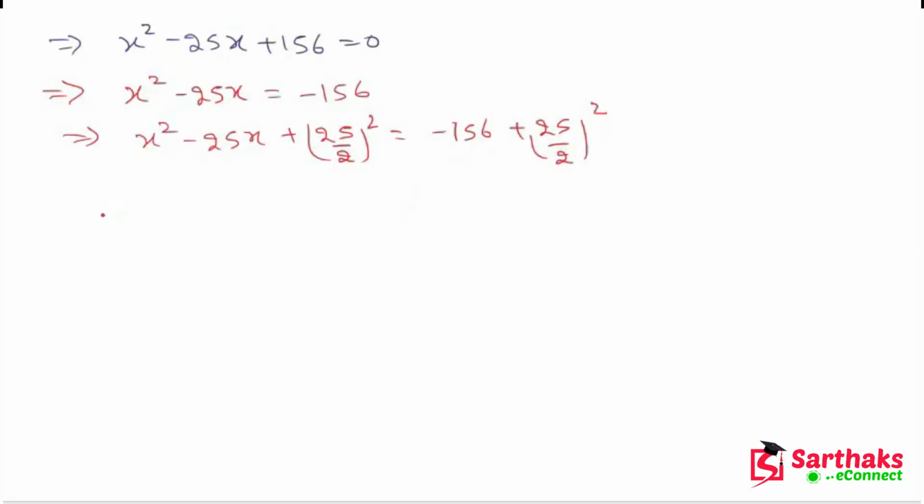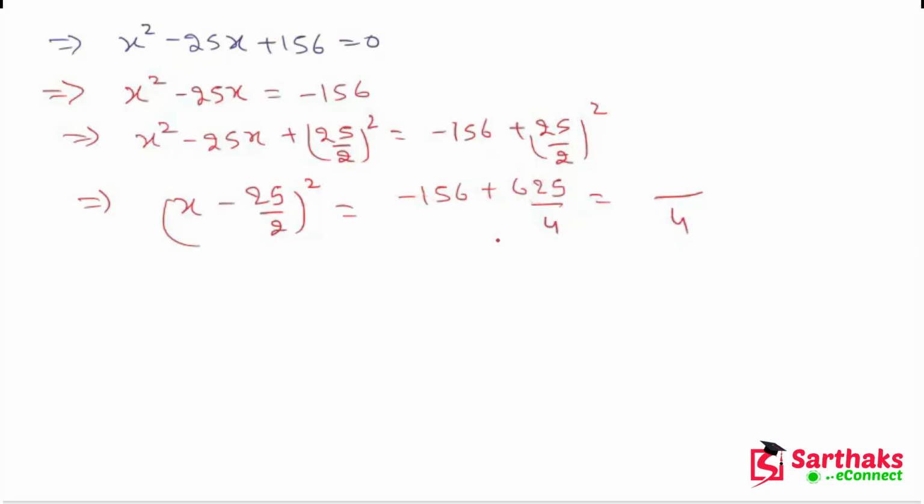Okay, my dear friends. So this equation will become x minus 25 upon 2 whole square, because here is the sign of negative, so here is also the sign of negative, which is equal to minus 156 plus 625 divided by 4. And if we solve it, we get 4.